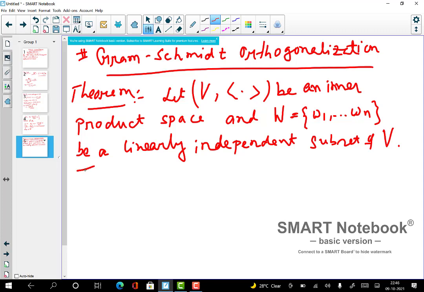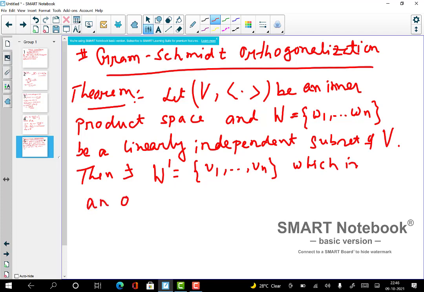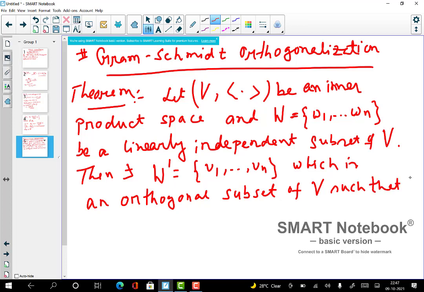Then there exists some W dash, whose elements are of the form V1, V2, Vn, which is an orthogonal subset of V, such that, and this is the most interesting thing, their span is the same, such that span of W is equal to span of W dash.